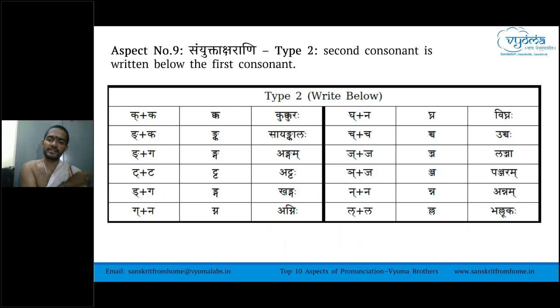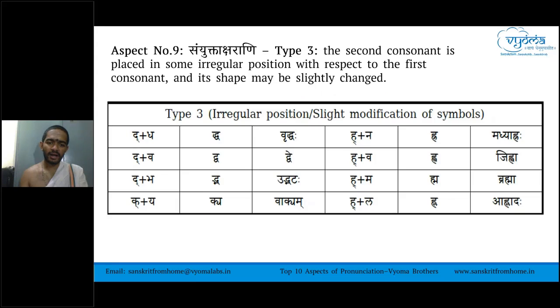Type 2 is where the second consonant is written below the first consonant. The first consonant is the half consonant, always the one we pronounce halfway. The second is what we pronounce fully. For example, Vignaha. If you see on the right here, first example, Vignaha. The Gha is almost written fully with the Nakara below it. Panjaram, Pancha, Khadgaha.